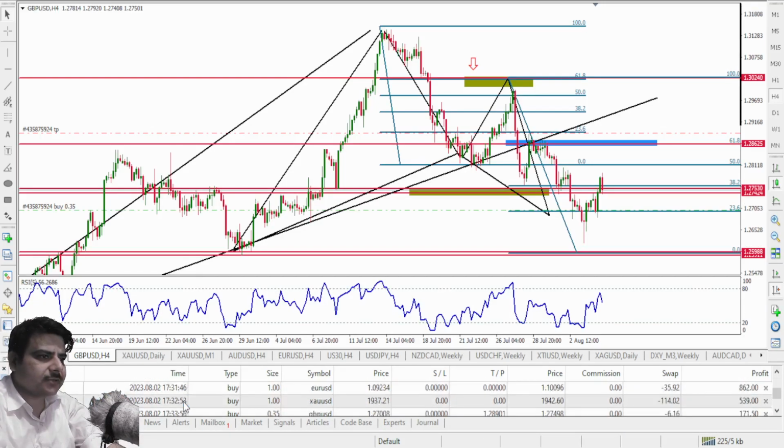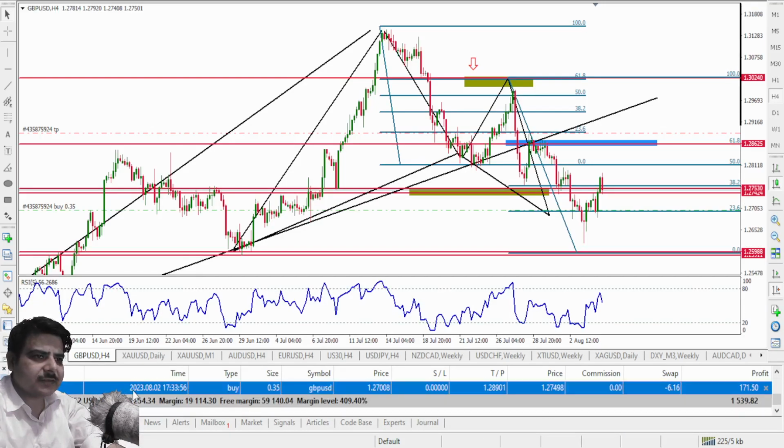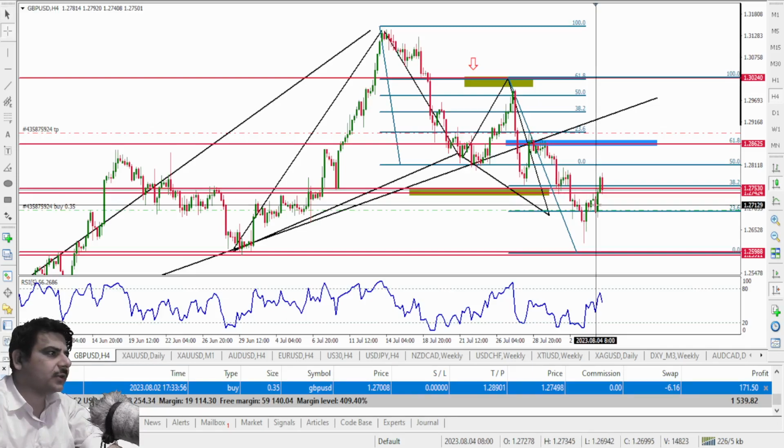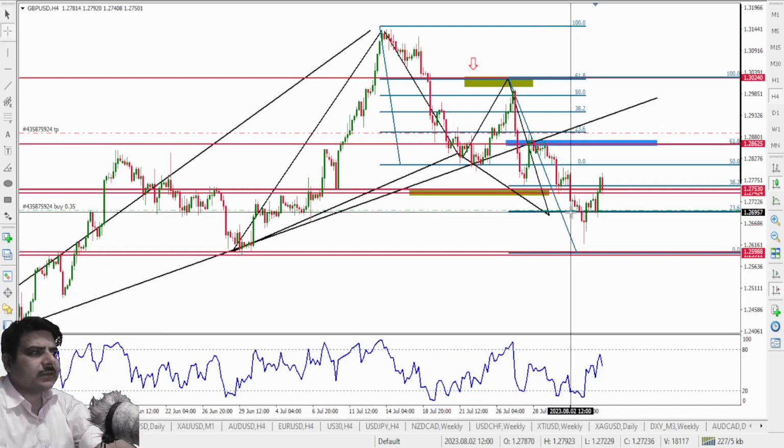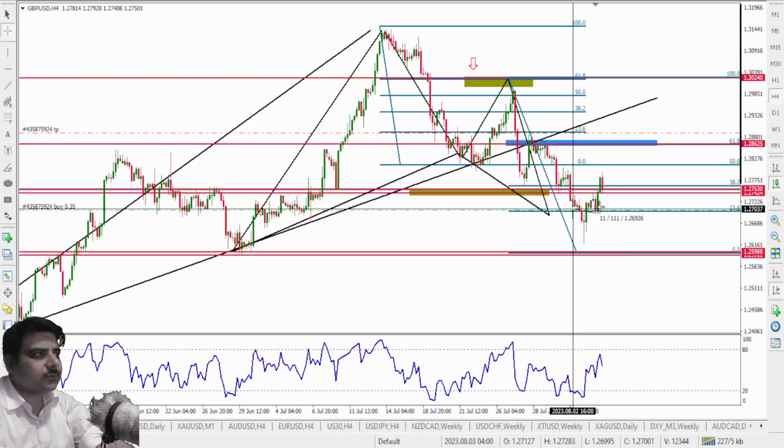Pound US dollar, right here it is, and I took it on 2nd of August 2023. Yes exactly, I took this trade right here on 2nd August, and it went a little bit back down and went back up 92 pips.